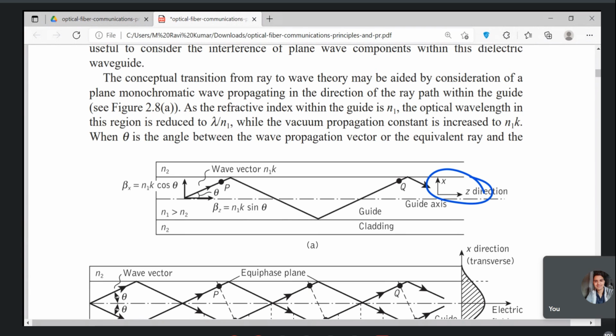Beta is what is known as the propagation vector, and this propagation vector can be split into its different components. So what we have here is beta x and beta z, and of course it's not necessary that it should be limited to this. If we consider some rays which are not propagating within the xz plane, then there can also be a beta y. So this is the simplest case, so it is easier to analyze.